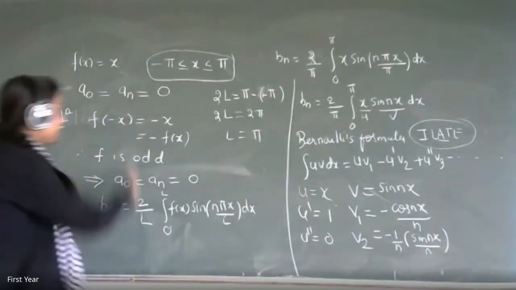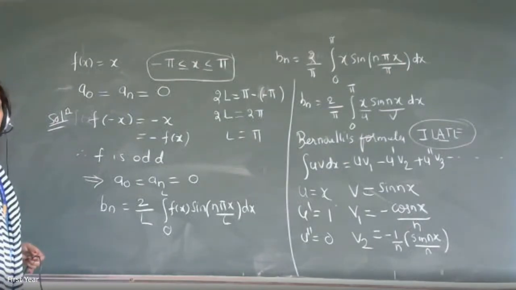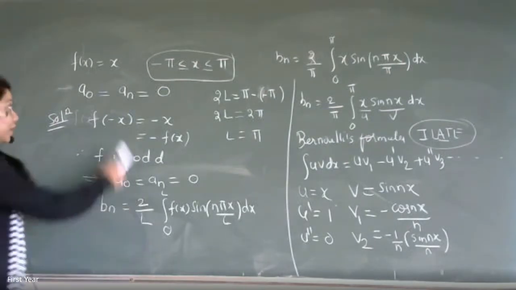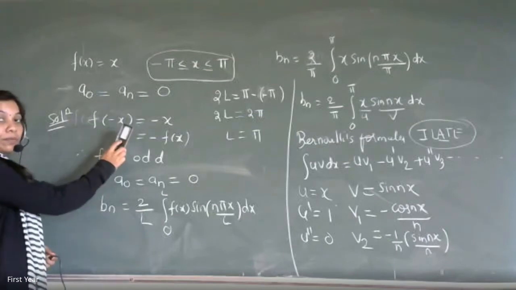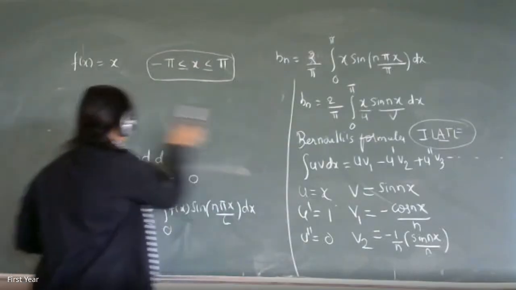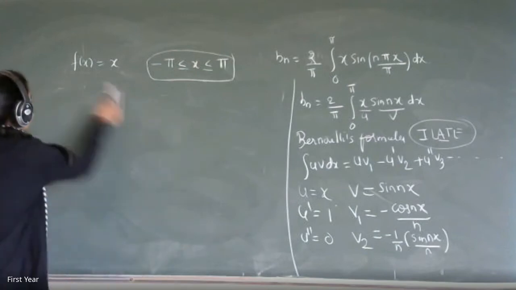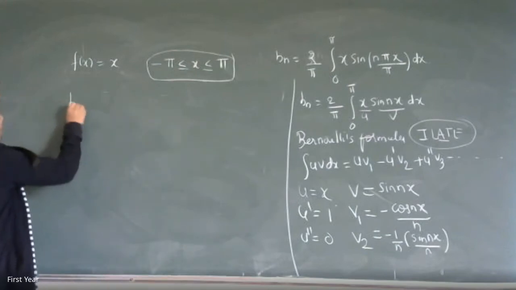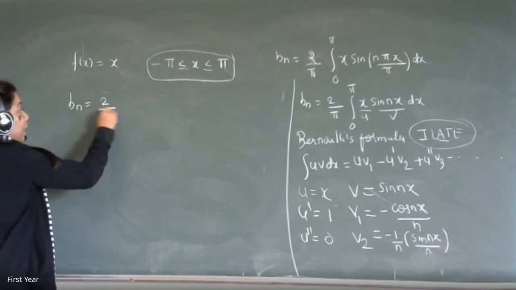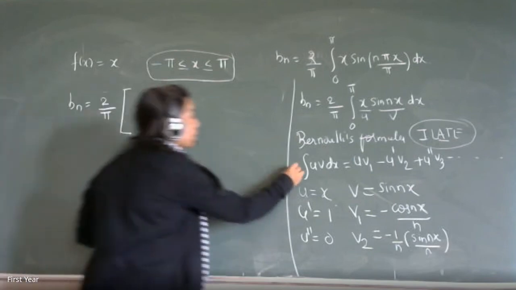So should I work this part? So the value of Bn becomes Bn is equal to 2 by pi. The integration is u, I'm using this formula.